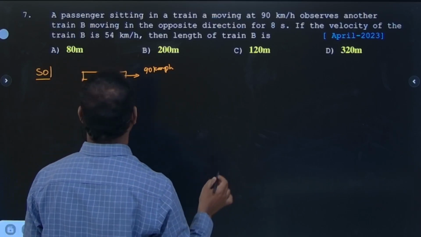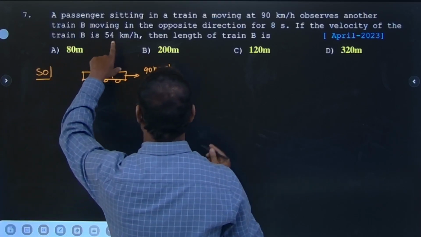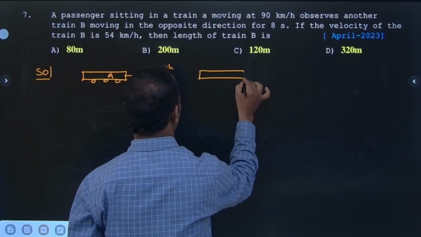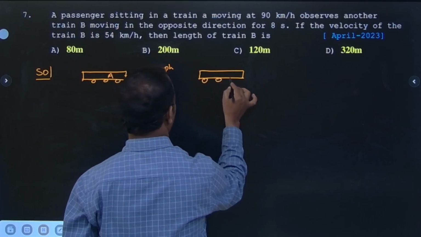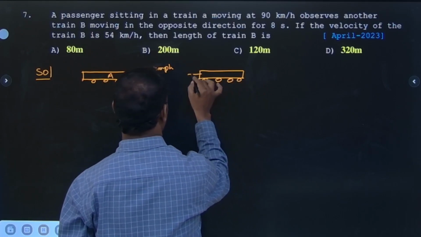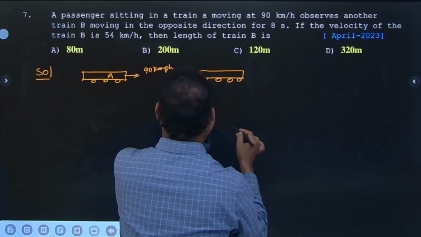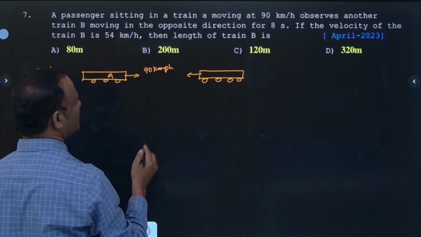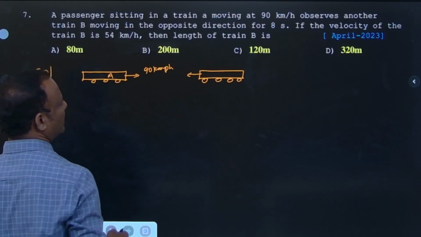The passenger observes another train B moving in the opposite direction, based on the relative motion concept, for 8 seconds.